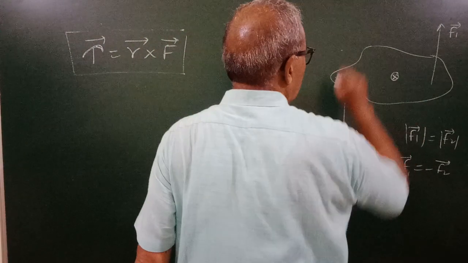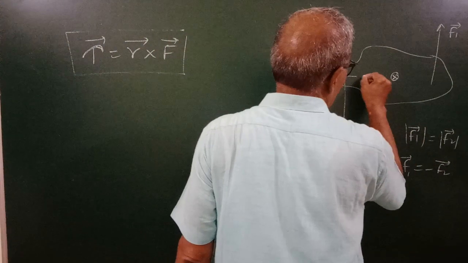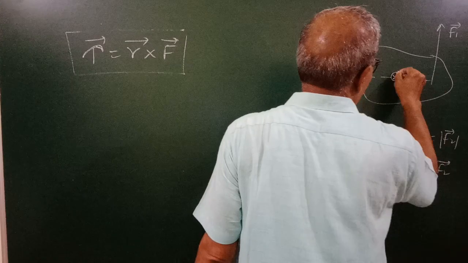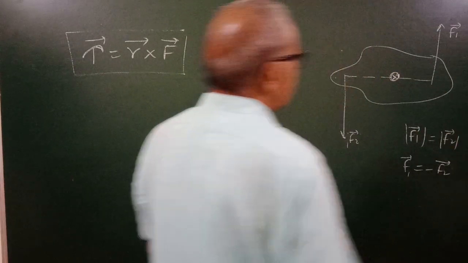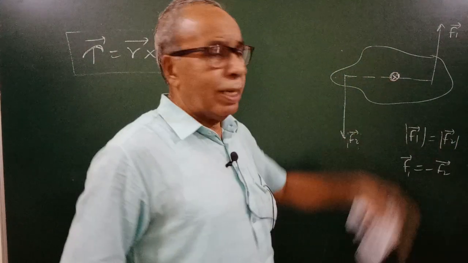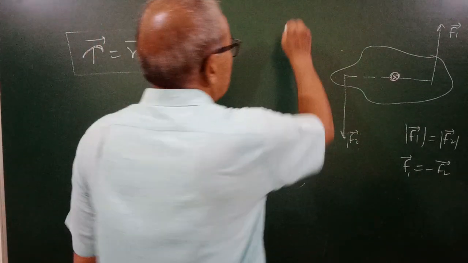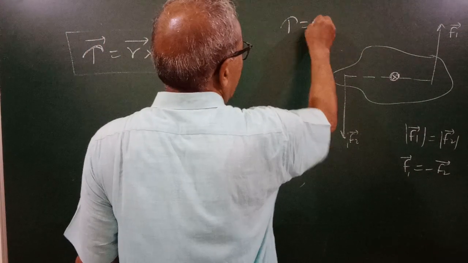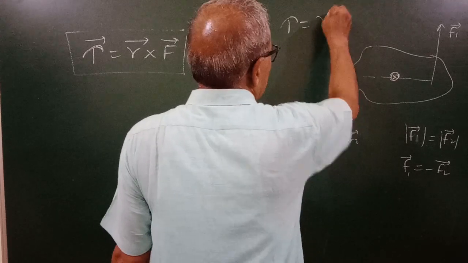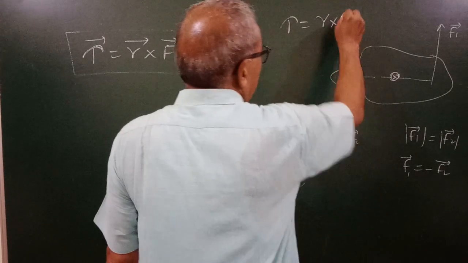So they rotate this body. And suppose this point lies on the line joining them. For simplicity, the magnitude of torque will be R into F.